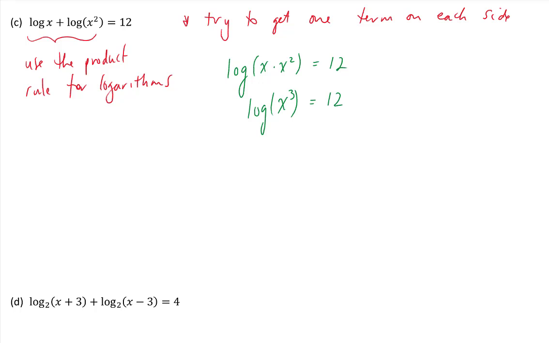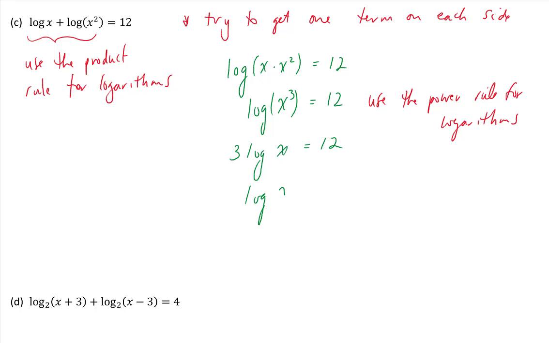I would now use the power rule. So that means we can bring the 3 to the front of our logarithm, and we get 3 log x is equal to 12, which tells us that log of x is equal to 4 if we divide both sides by 3. And now I would convert to an exponent.